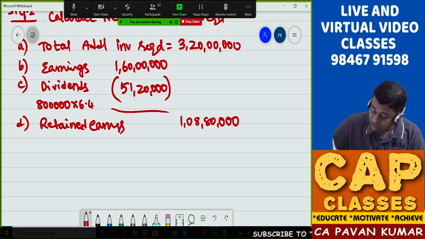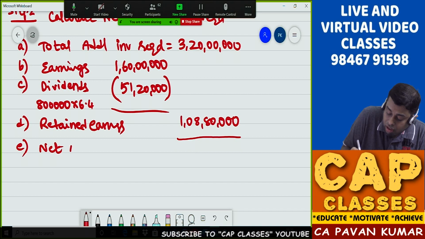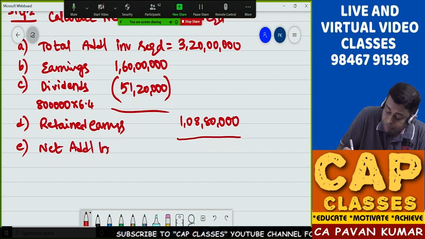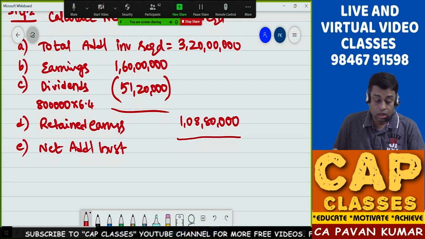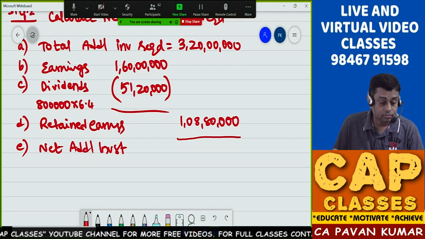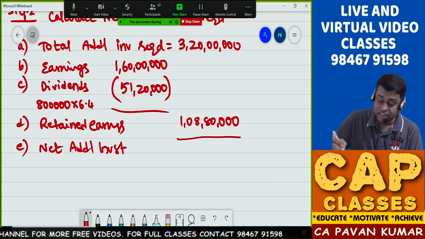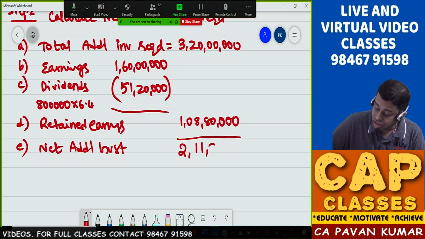Correct? So what is the net additional investment we want? Net additional investment. So 3 crores 20 lakhs minus this. So can I say I want 2 crores 11 lakhs 20,000.